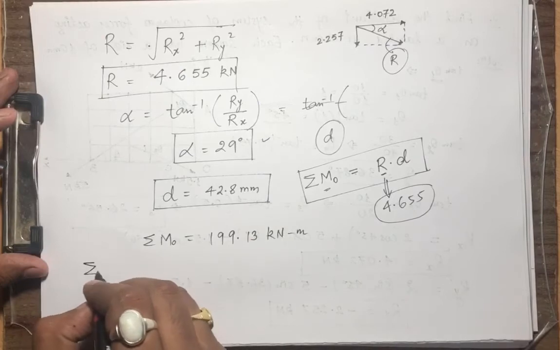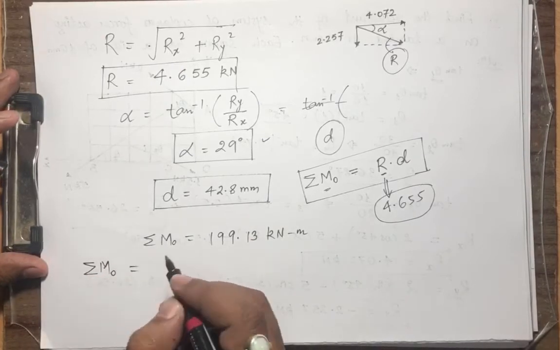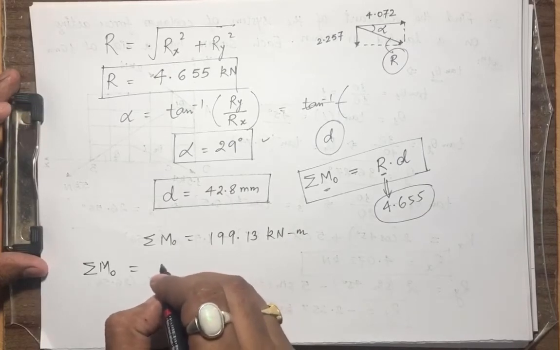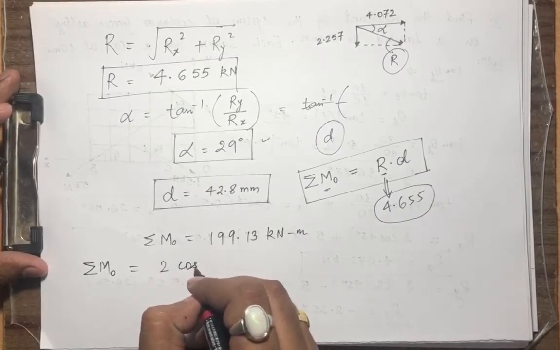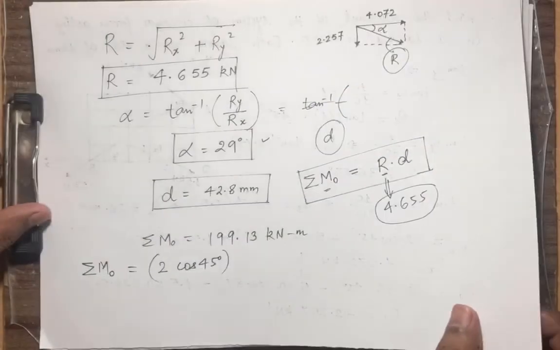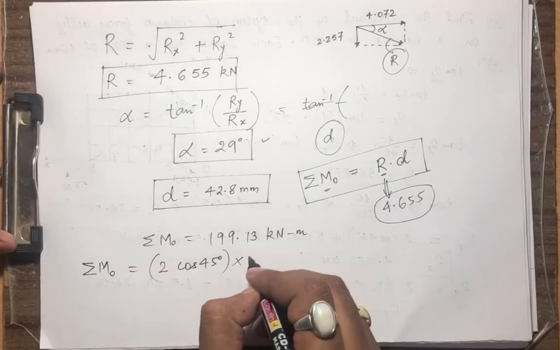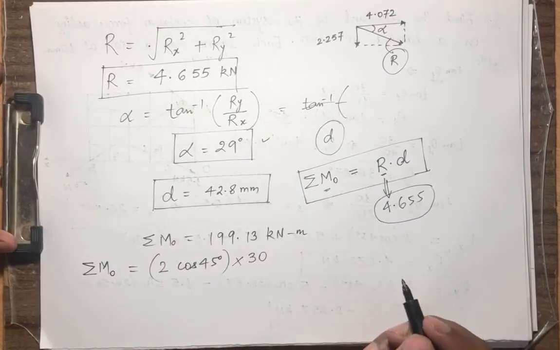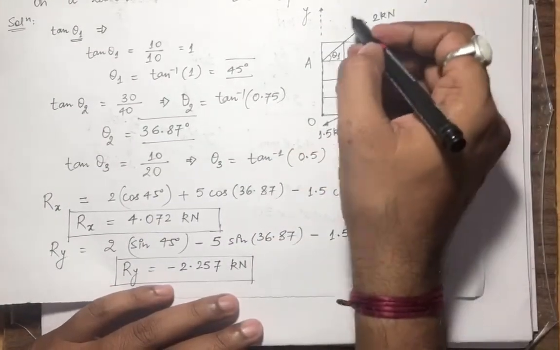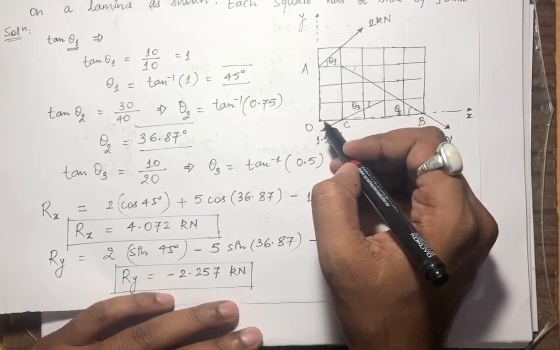Let me write the equation. So this is 2 cos 45 into 30. How is this 30 coming? We are taking the moment of this force about this point.